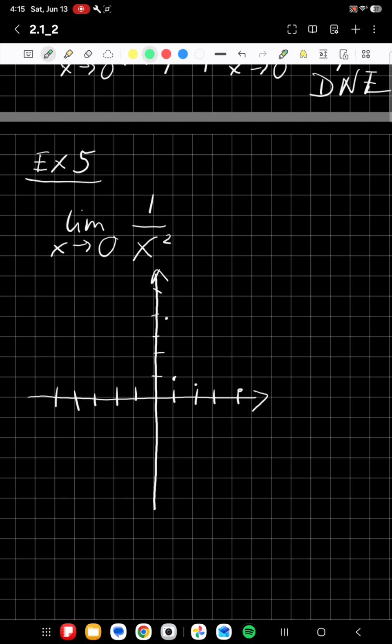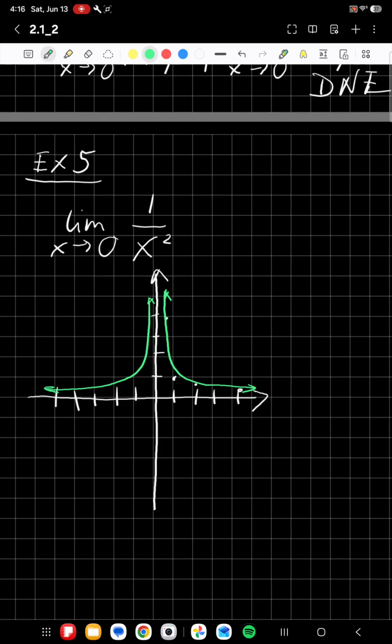Let's make it green. So that's the right branch. That branch is supposed to be getting closer and closer to the y-axis. If I start plugging in a negative number, I get something on the left side of the y-axis. It's symmetrical to that one. So that's our graph.